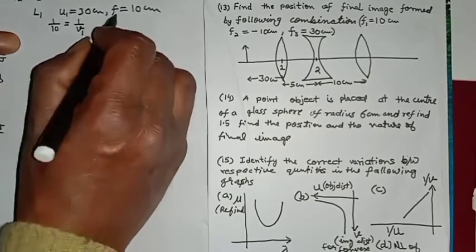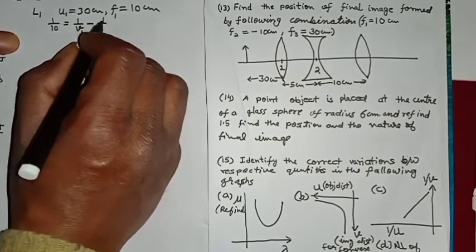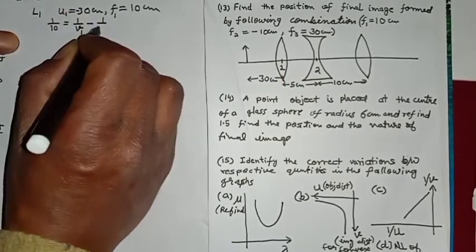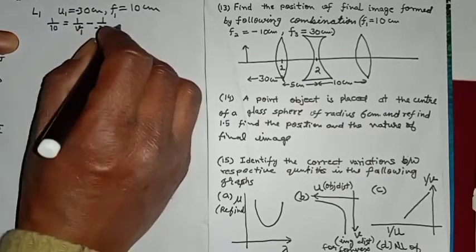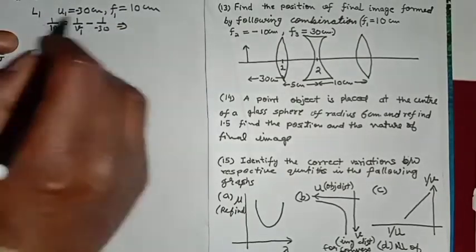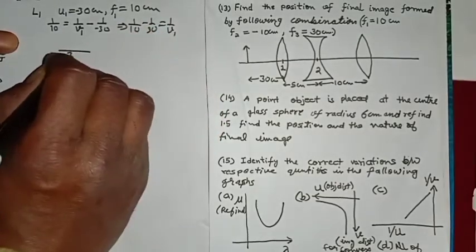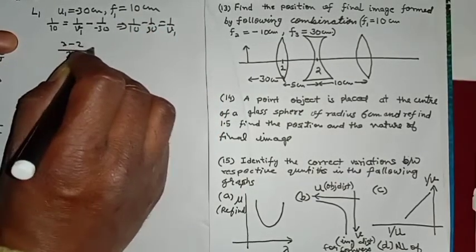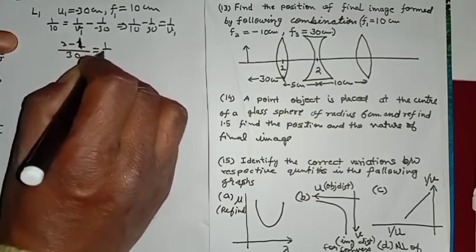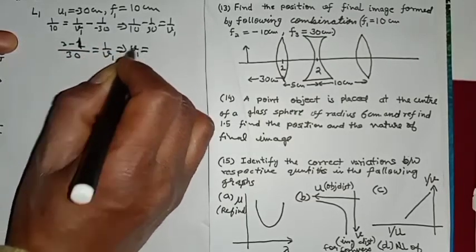I'm putting subscript 1 for case 1, and of course u is minus 30. That was my fault. Anyway, from here we can find v1, with a little bit of arithmetic, and v1 is 15 centimeter.